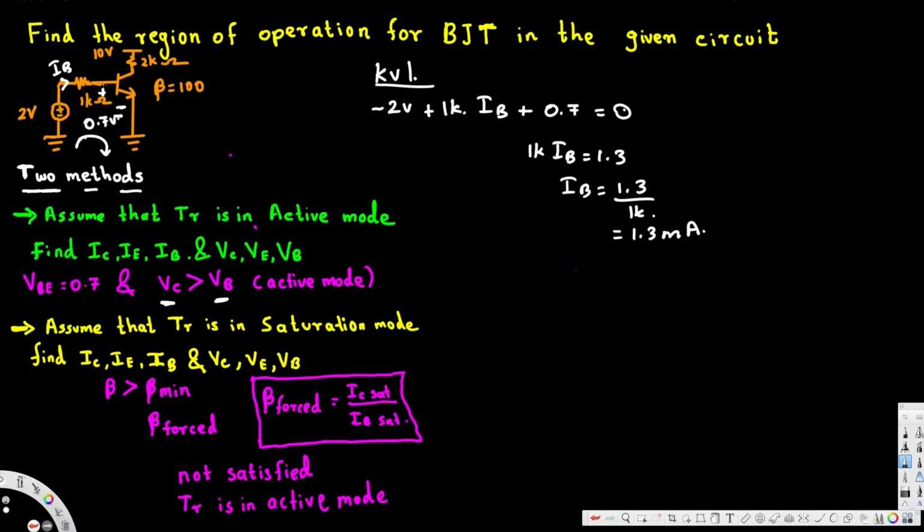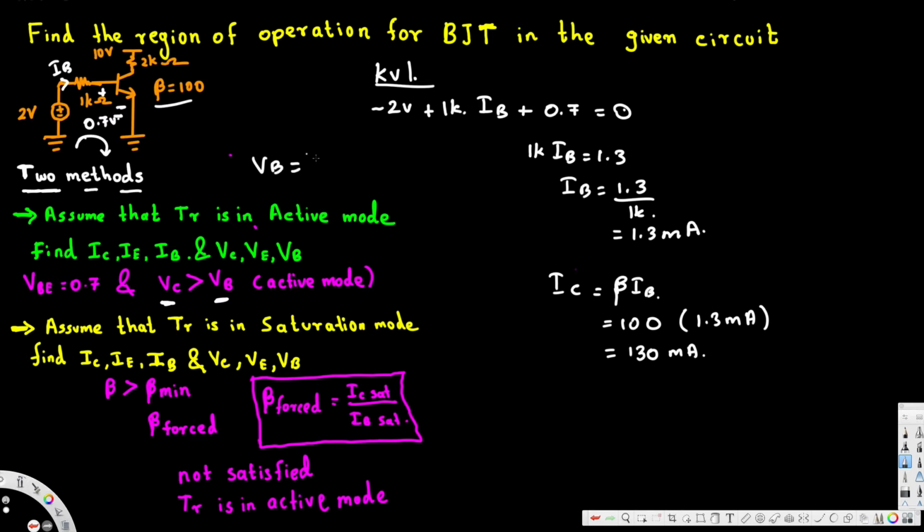Now we have the IB current, and we can find the IC current by multiplying by beta. IC is equal to beta times IB. Beta is given, that's 100, times IB, which we just found, 1.3 milliampere. If we multiply both of them, that gives us 130 milliampere.